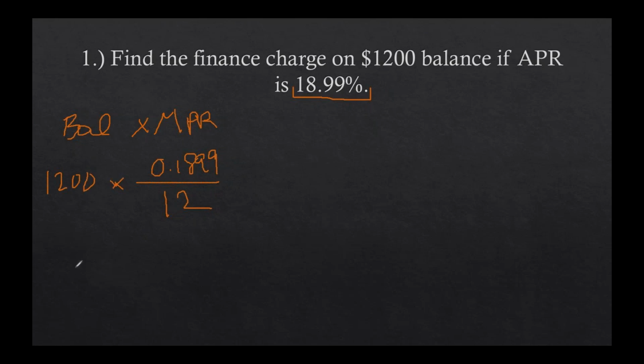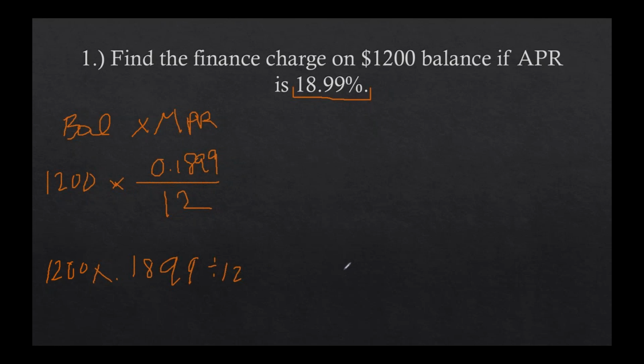Okay. And so you can type that into your calculator as 1,200 times 0.1899 divided by 12. You can put that all in at one time. And of course, we're talking about money, so we're always going to round to the nearest penny when applicable because this is all dealing with money.